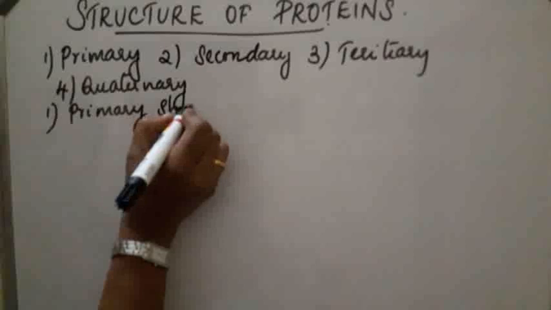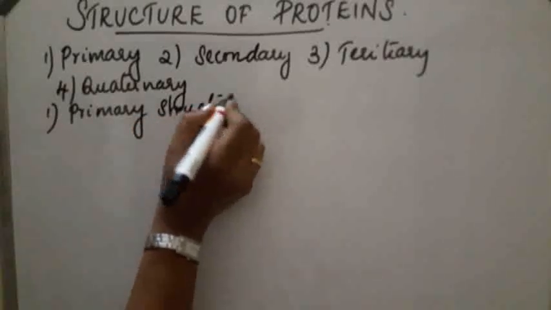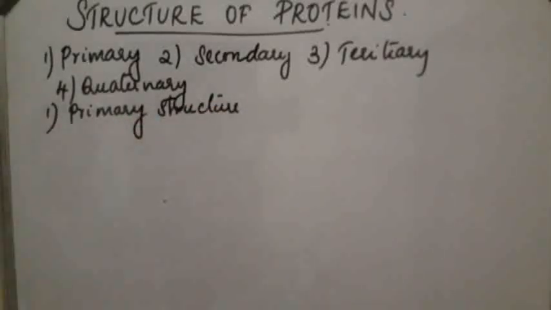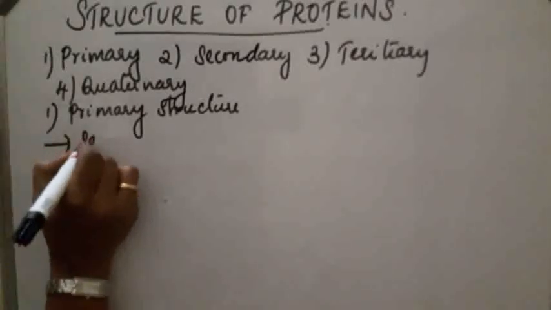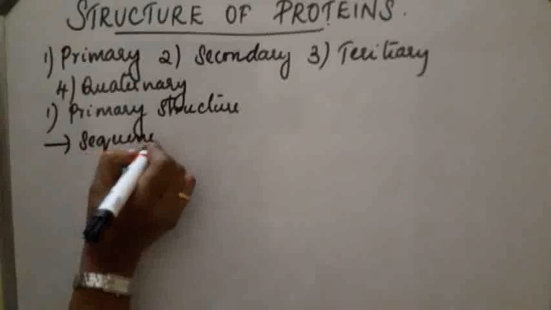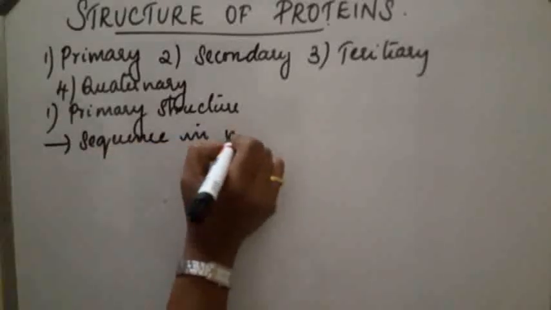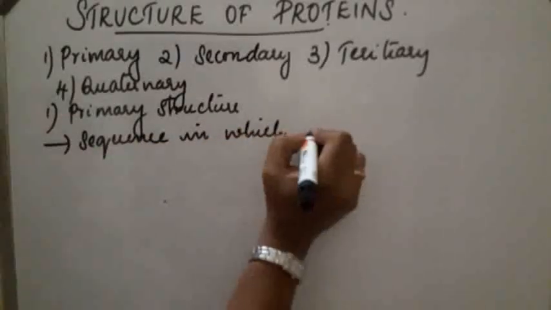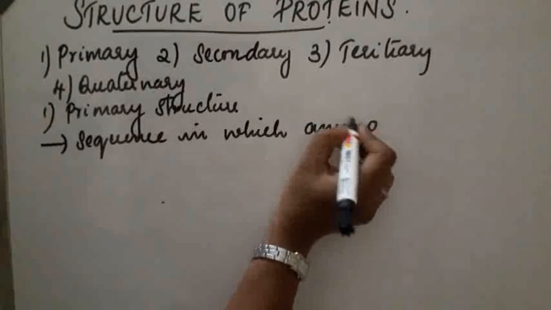Primary structure of proteins means the sequence in which the amino acids are arranged in a protein.